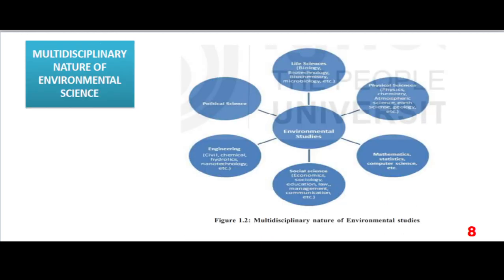Then multidisciplinary nature of environmental science. So environmental science is a multidisciplinary or interdisciplinary subject that deals with every aspects of life. It requires knowledge from various subjects like biology, chemistry, physics, microbiology, biochemistry, statistics, geology, economics, management, law, sociology, etc. So let's discuss one by one.